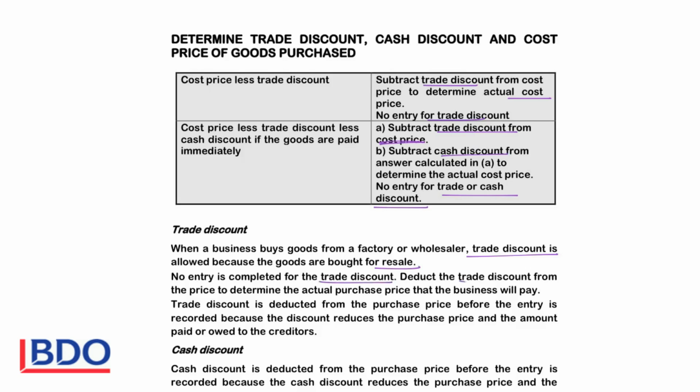You deduct the trade discount from the price to determine your actual price that you paid for the goods, and that will be the cost price of your inventory, and that is the amount that you owe to your creditors. Trade discount is deducted from the purchase price before the entry is recorded so that you can determine the actual purchase price and the amount owed.